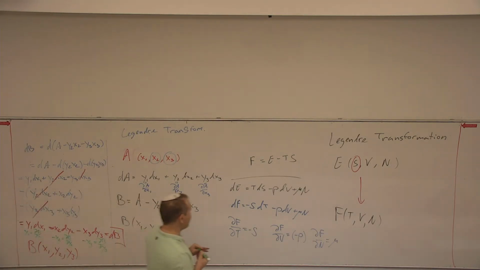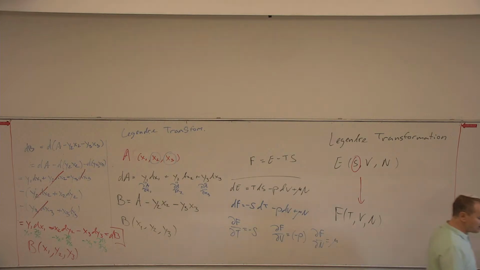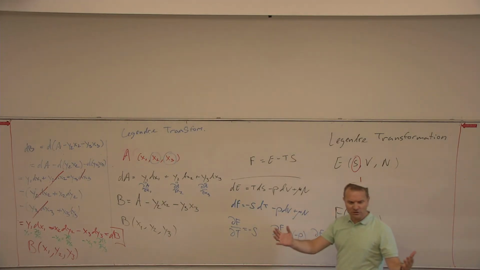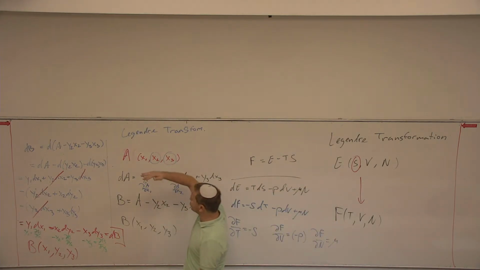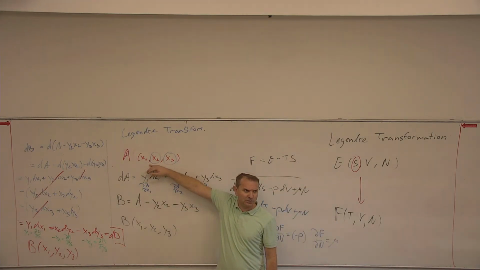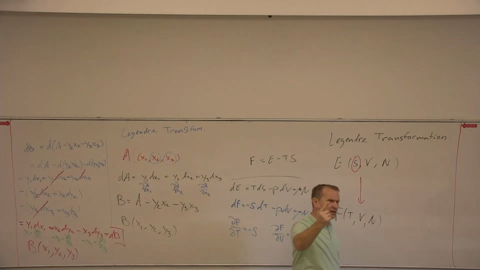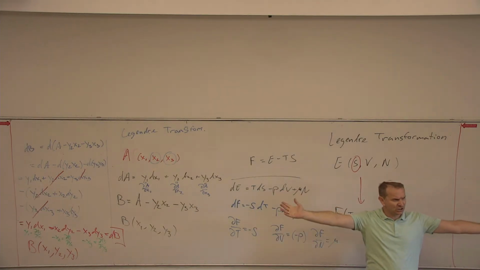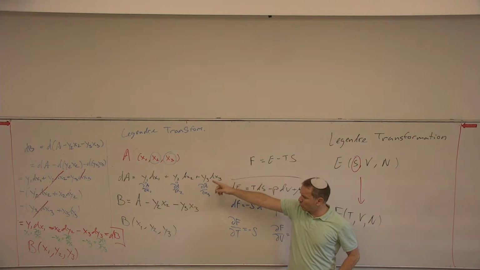Now you can extend this to as many variables as you want. Okay? So the Legendre transformation is a way to take a general function of many variables. It doesn't have to be one variable, two variables, three variables, as many as you like.